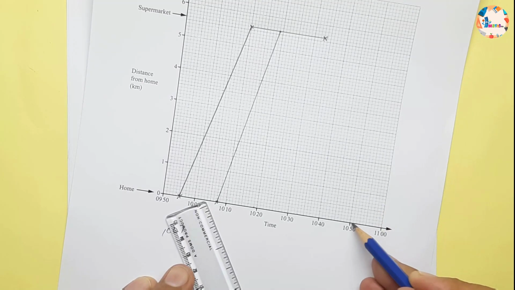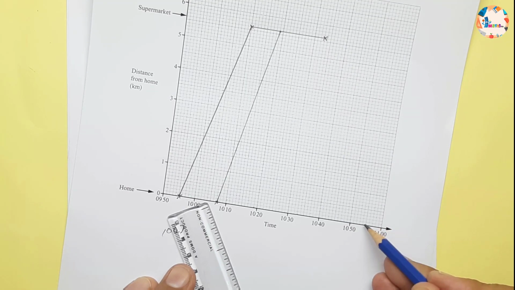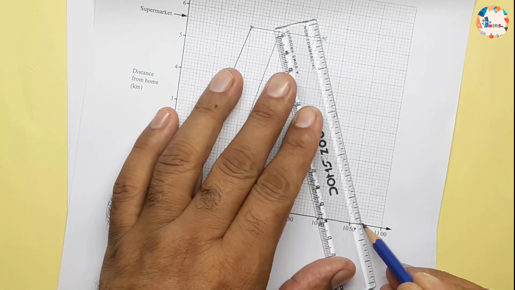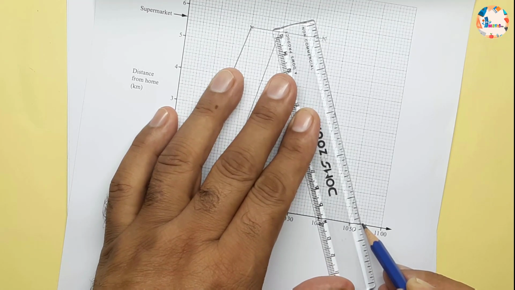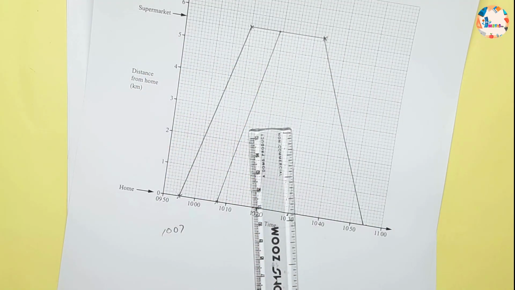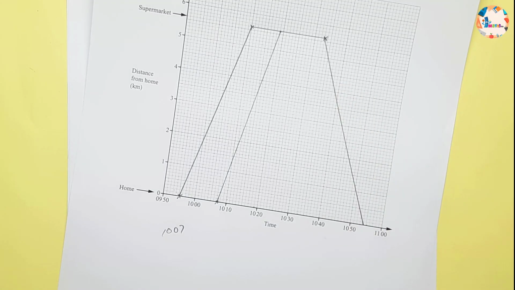This is 10:50, and this one is 10:54. So we can join this with this one. Basically we have to join with this point, and this is the back to home journey of both of them.